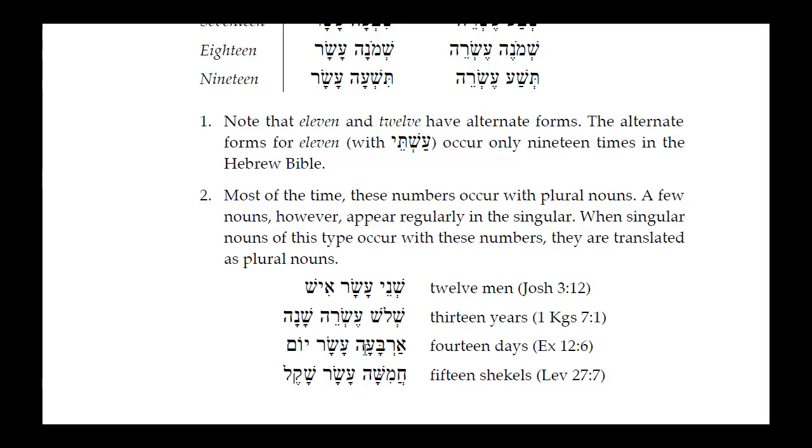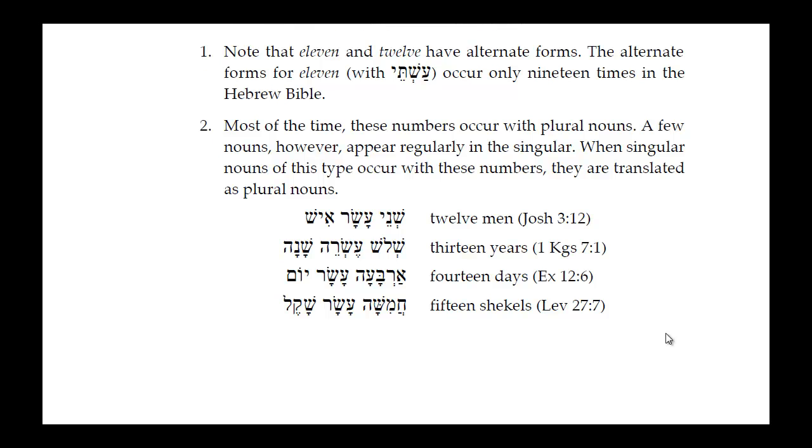But this is 14 day, or 14 days. Chamisha Asar Shekel is literally 15 shekel, but that would translate as 15 shekels. So a lot of times the noun is in singular form, even though the numbers occur in plural with plural nouns.